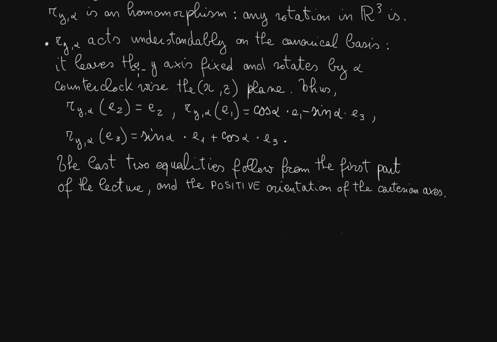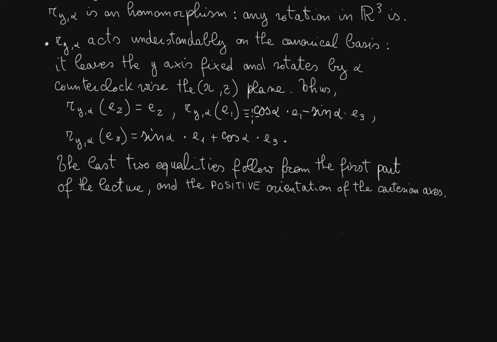Ry, alpha acts understandably on the canonical basis. It leaves the y-axis fixed and rotates by alpha counterclockwise the xz plane. Thus, the image of E2 equals E2. E2 is the vector that generates the y-axis. The image of E1 turns out to be cosine of alpha times E1 minus sine of alpha times E3.